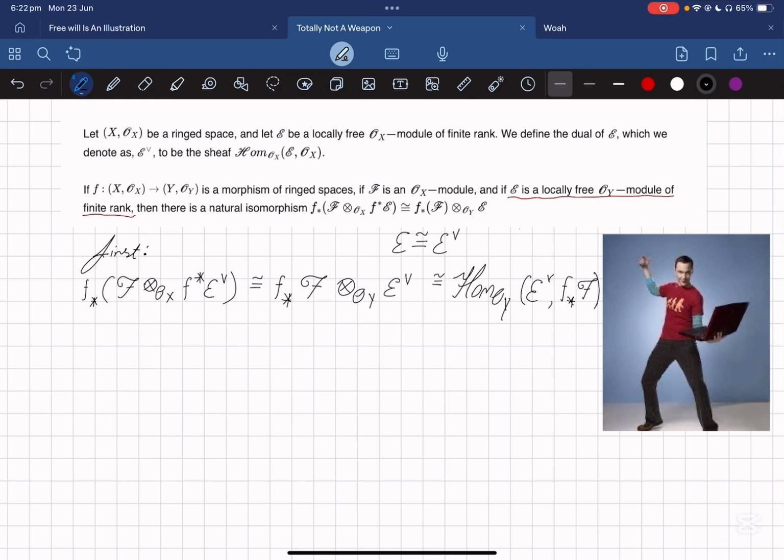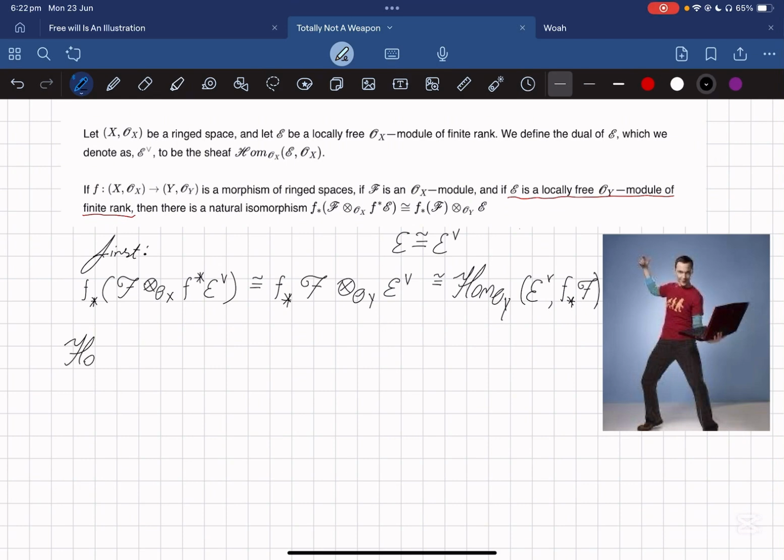Now, I would like to perform what's called adjunction. In the context of push forwards and pullbacks, there exists an adjoint functor. So what that means is there is in fact a natural map.